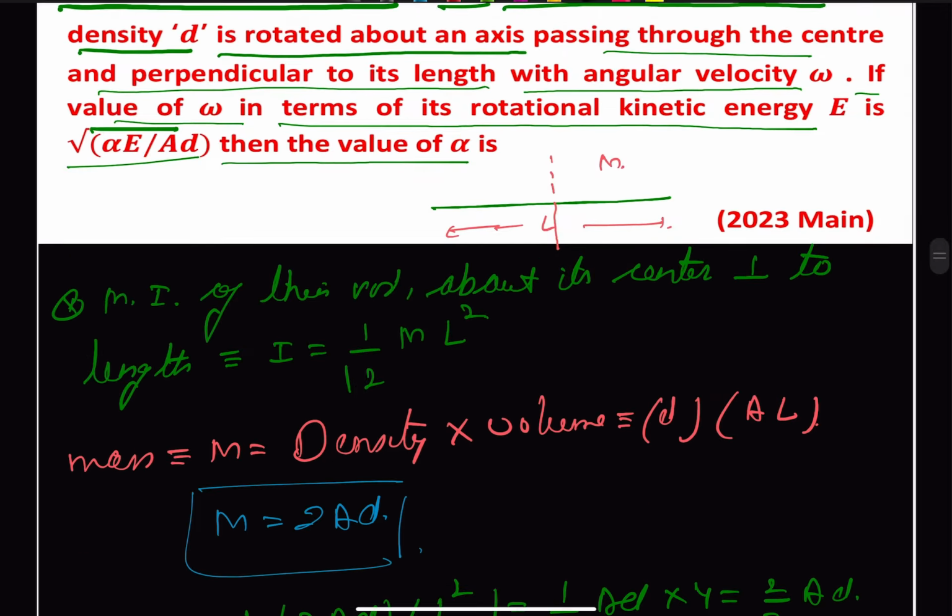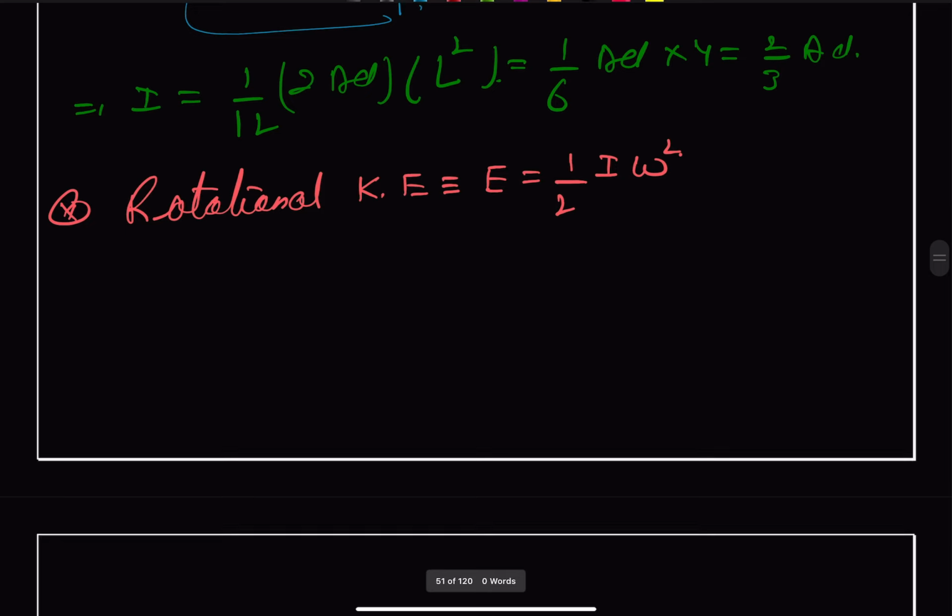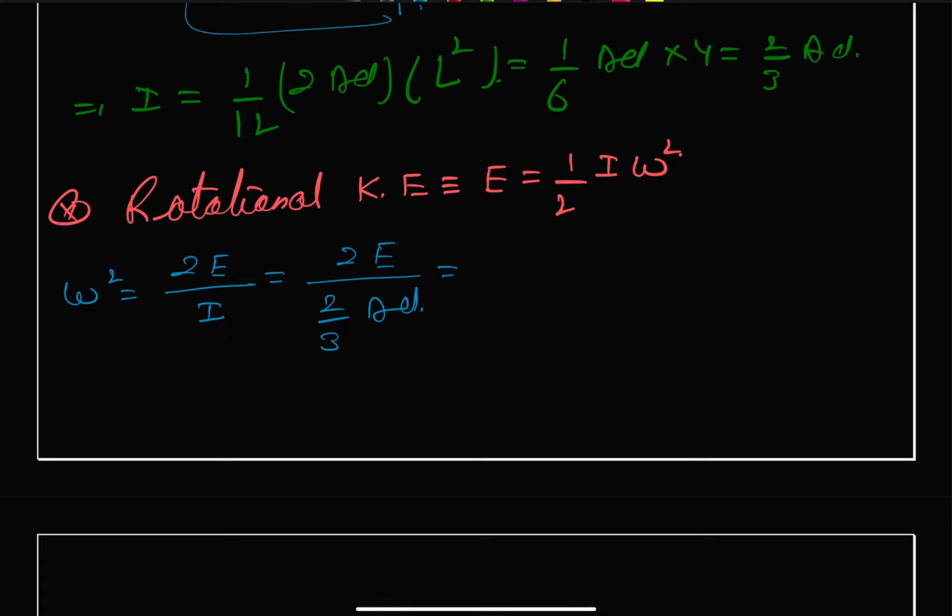Okay, so this is omega, and from here we can say that our omega square will be equal to 2 times E divided by I, and this comes as 2 times E, and we have this as 2 by 3 AD, which gives us this. 2 and 2 cancel out, so we are left with 3E upon AD.